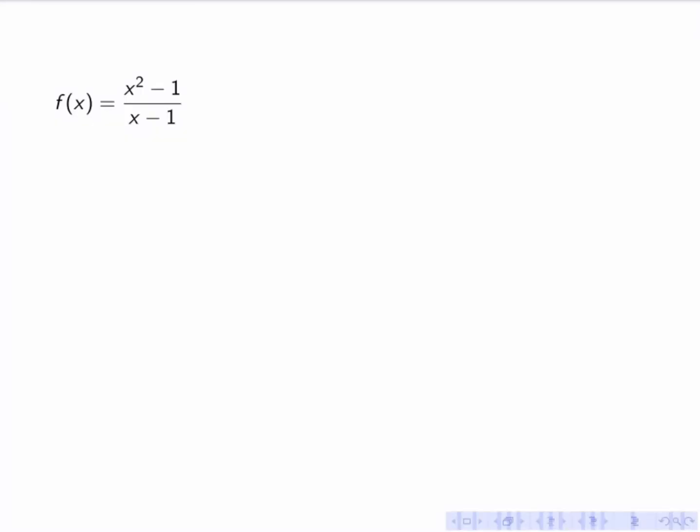So in this example, it is actually useful to transform the function f. We have f is x squared minus 1 divided by x minus 1. The numerator is the difference of squares. So we can write this as x minus 1 times x plus 1 divided by x minus 1, as long as x is not equal to 1. Okay, so 1 has to be excluded also from this calculation.